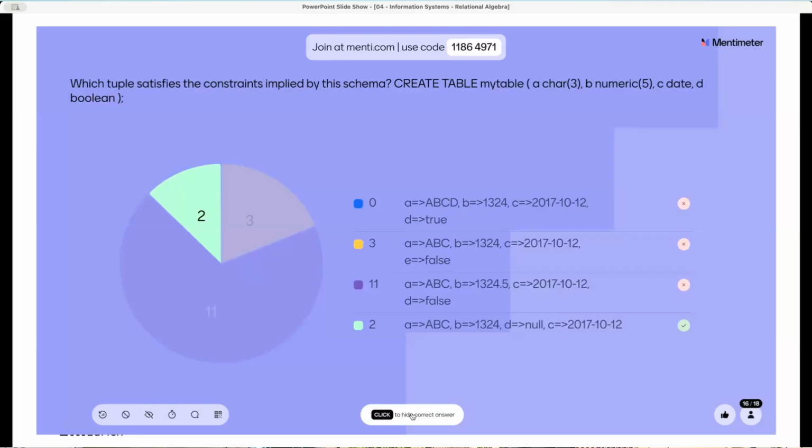Who agrees with me? Okay, yes, there's a question. Do you mean, for example, with numeric 5, 1, to pass a scale of 1 to allow for the decimal point? Yes, absolutely.